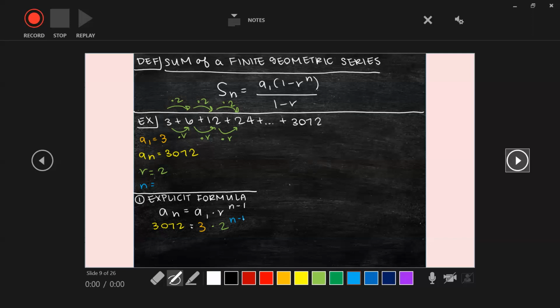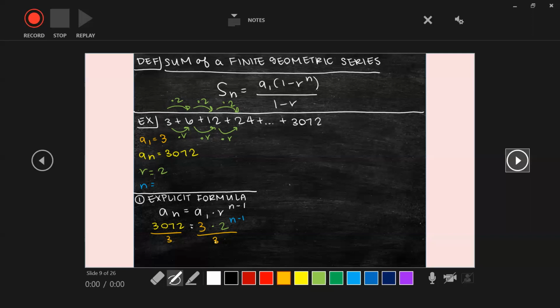So make sure that you write all the steps of this one down because it can be a little confusing. What I want you to do next is go ahead and get rid of that 3, so whatever you're being multiplied by in the front. Can anyone off the top of their head tell me what 3072 is divided by 3? What's 72 divided by 3? We get 1,000, and what's 72 divided by 3? 24.